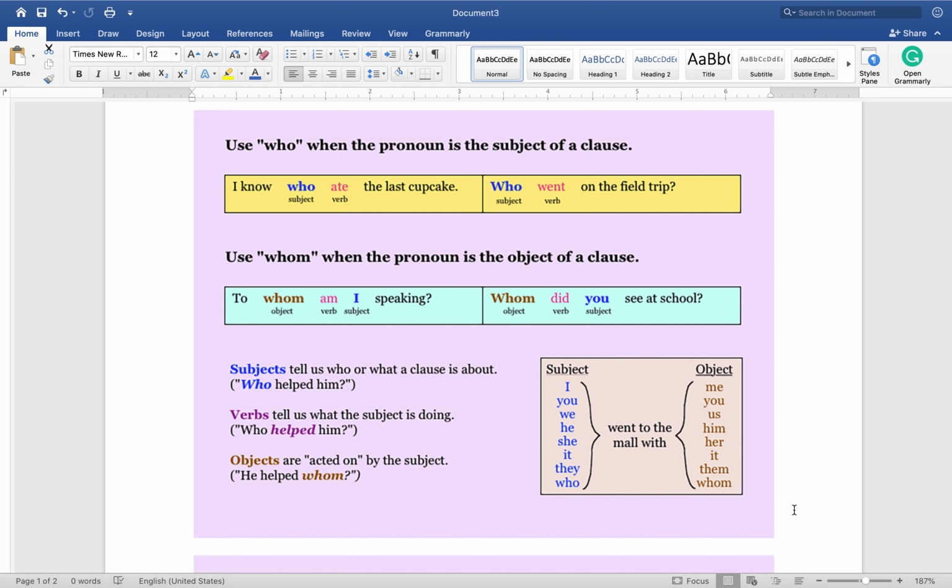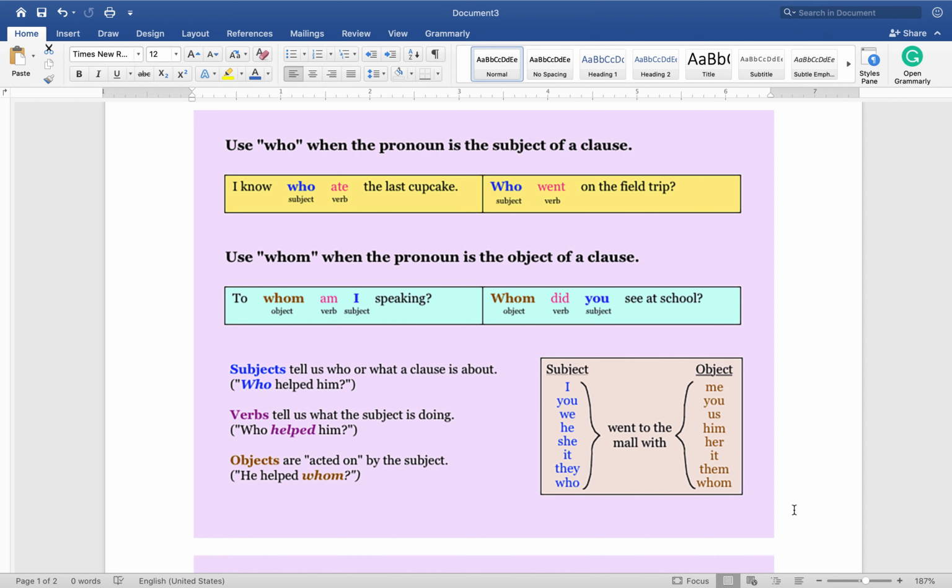If it's acting as the subject, we always want to use the word who. So in the sentence, I know who ate the last cupcake, who is the person who ate the cupcake. We could sub in a general subject pronoun like he ate the cupcake, and the sentence makes sense. Or who went on the field trip.